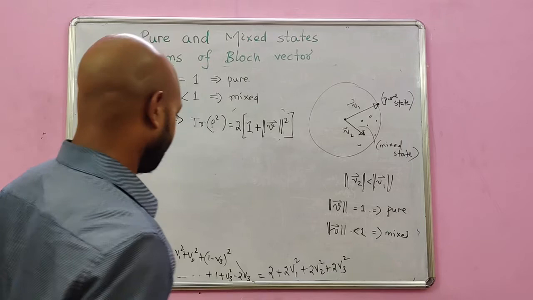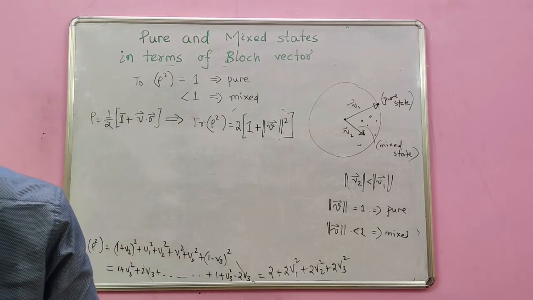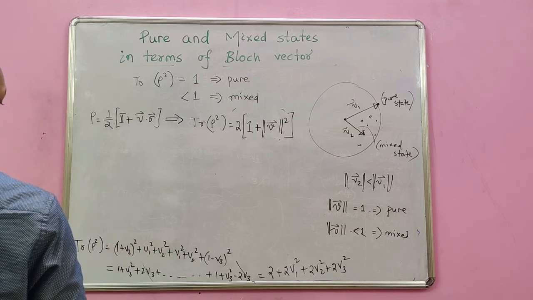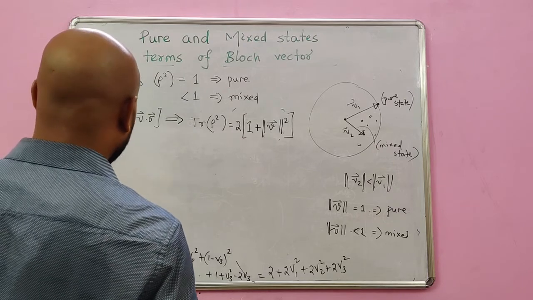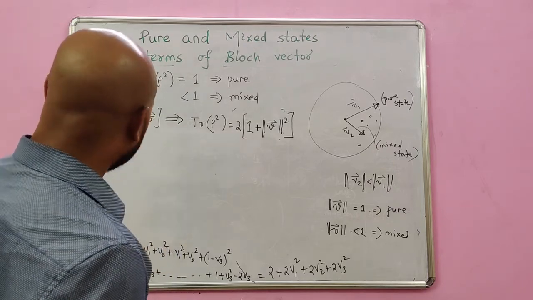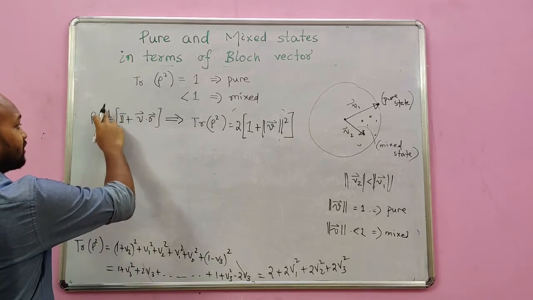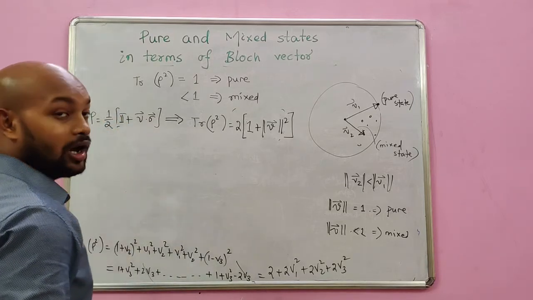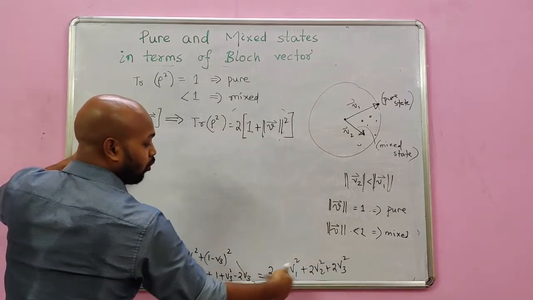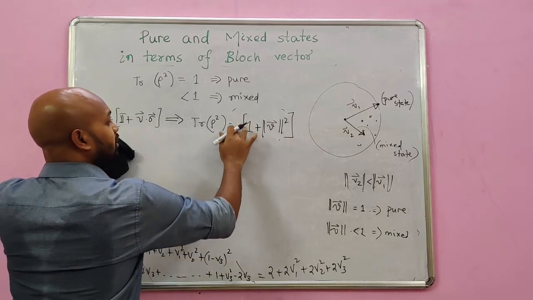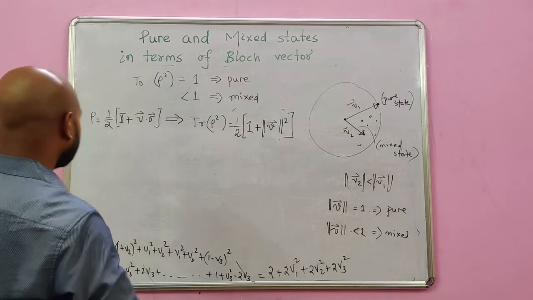I take a 2 common out of it. We made one simple mistake in the calculation. If you remember, when I square rho, the half gives me a 1 by 4. So that 1 by 4 multiplied with this 2 gives me a 1 by 2 here actually. I'm sorry.